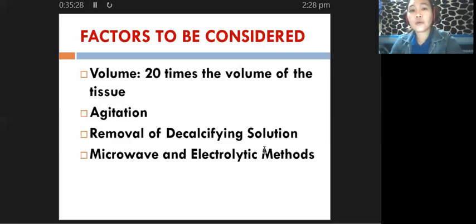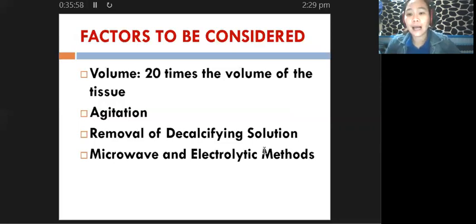Those are the different factors that we have to consider in performing the decalcification process. Before we go to the specific methods or agents that we use for decalcification, I would just like to differentiate the terms decalcifying agent and decalcifying methods, as mentioned in your modules.